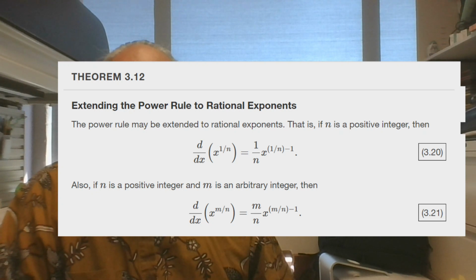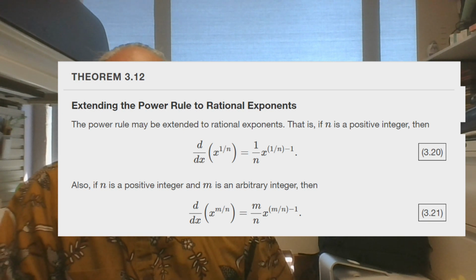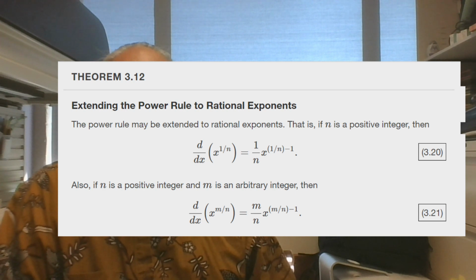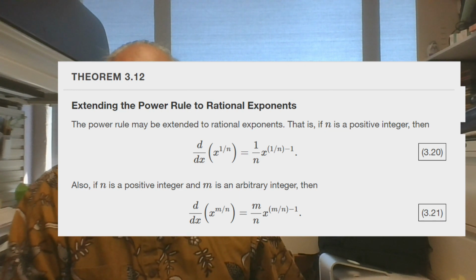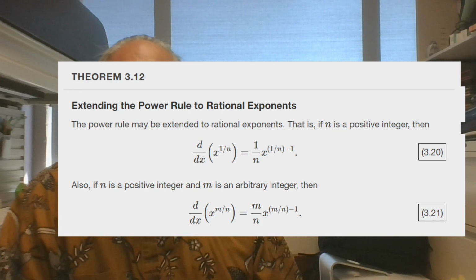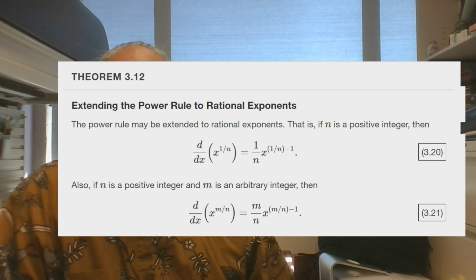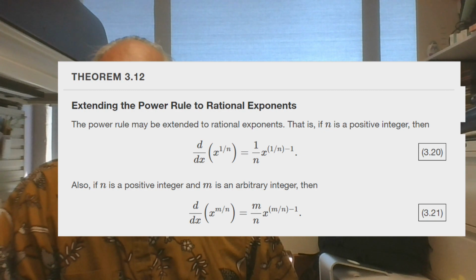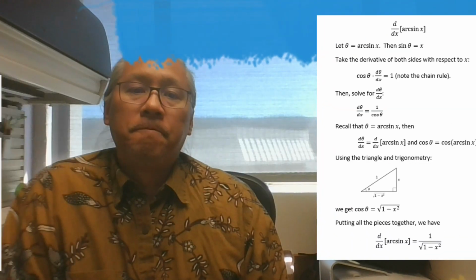It's the same power rule, except now we're applying it to other types of numbers. The derivative of x to the 1 over n is 1 over n times x raised to the 1 over n minus 1. I have to caution you that when you're subtracting 1 from a fraction, we have to keep in mind how that works. This also works for m over n.